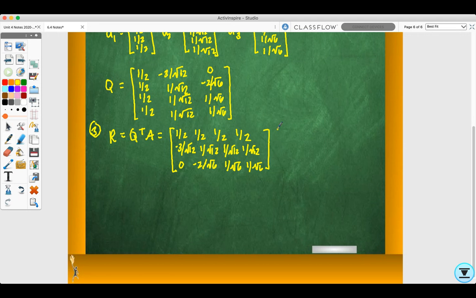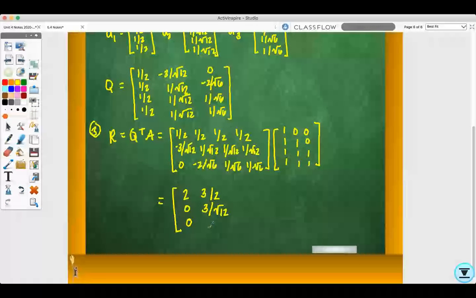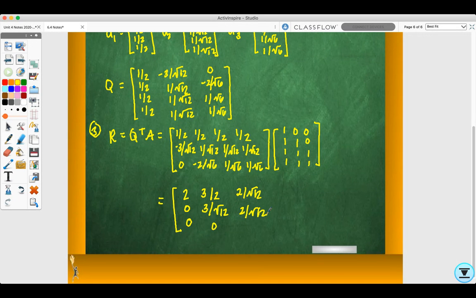That's Q transpose times A, which is 1, 1, 1, 1, 0, 1, 1, 1, 0, 0, 1, 1. And you would get 2, 0, 0, 3 halves, 3 over the square root of 12, 0, and then 2 over the square root of 12, 2 over the square root of 12, 3 over the square root of 12.